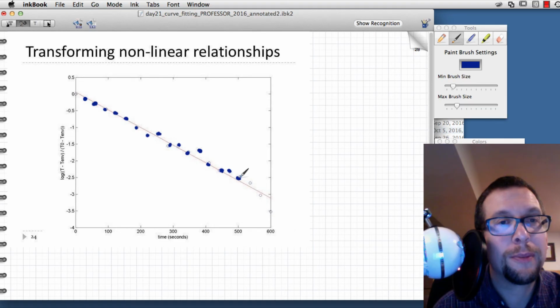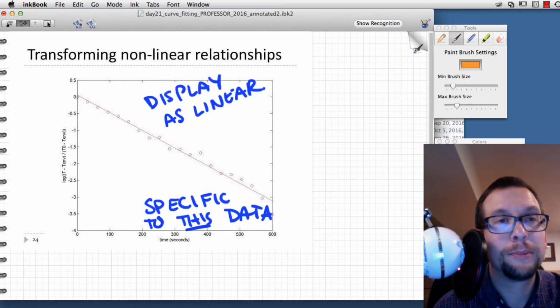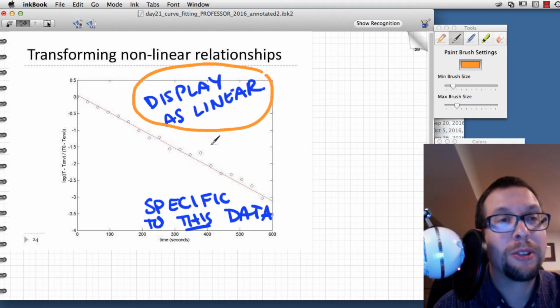And then there was a polynomial fit, and that's what that line in the middle was. Okay, so we've plotted these two things right here. Now, what's nice is that we have displayed this in terms of a linear graph. Because we have reformulated the equation, it is now linear.